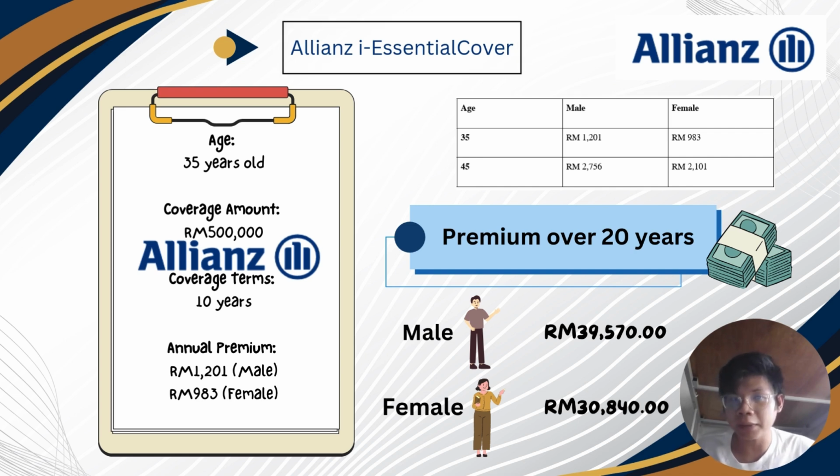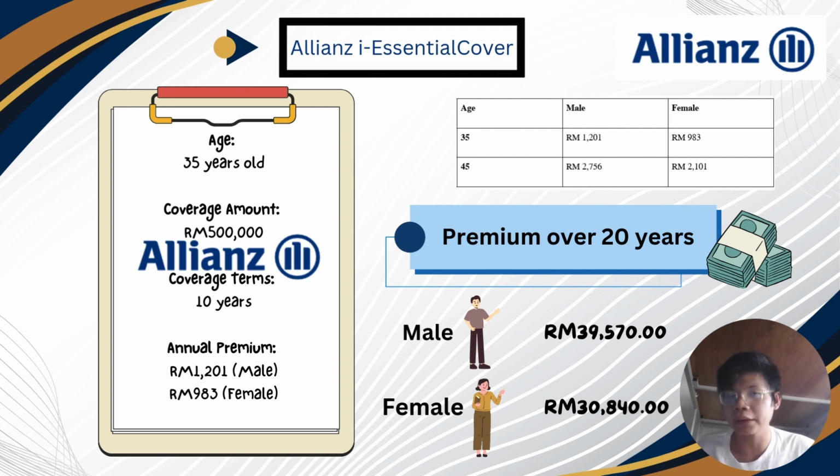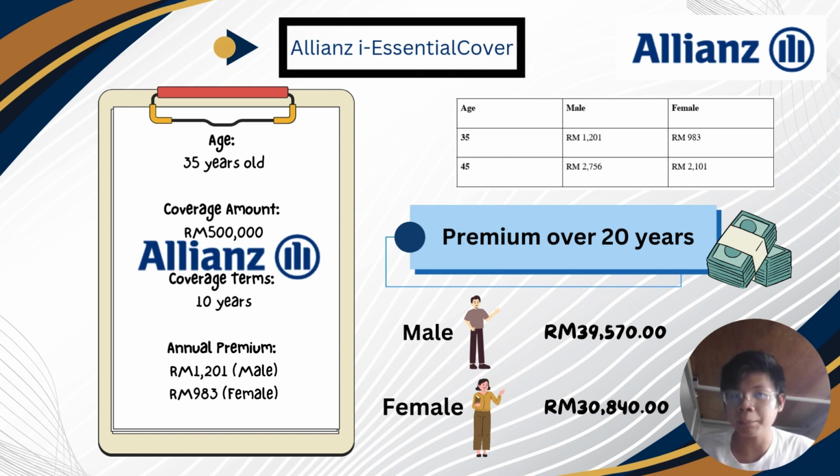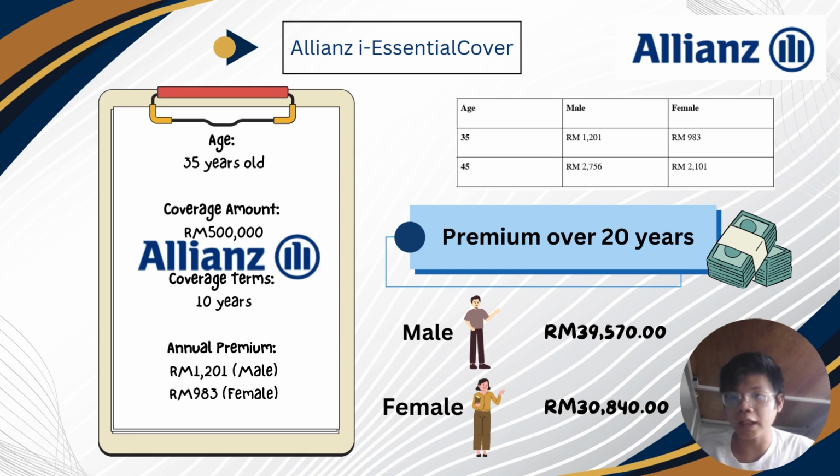However, since this plan has a coverage term of only 10 years, we need to consider what happens after the policy expires. To calculate the total premium cost over 20 years as required by the question, the policyholder needs to purchase the same plan again at age 45 and pay a different and higher annual premium. At age 45, the annual premium rises to 2,756 ringgit for males and 2,101 ringgit for females due to the increased risk associated with aging.